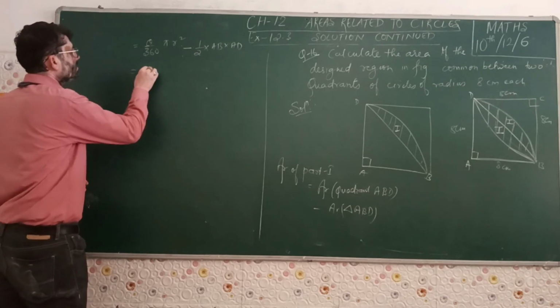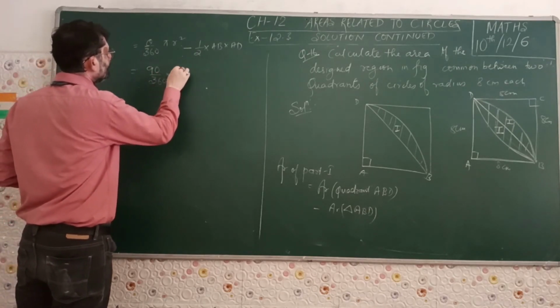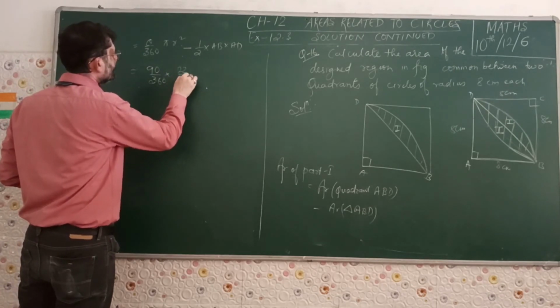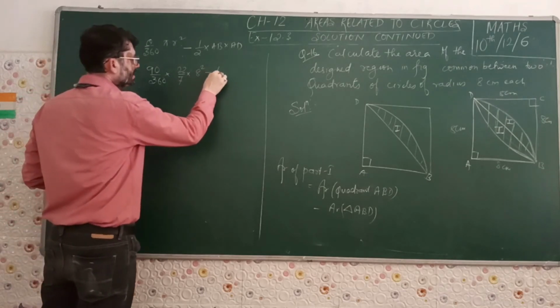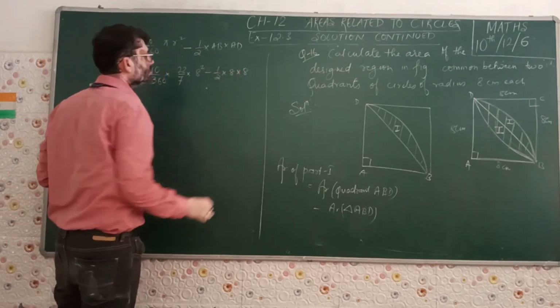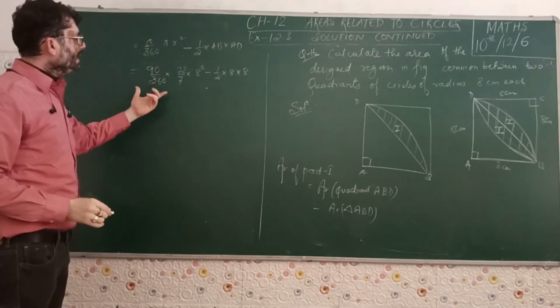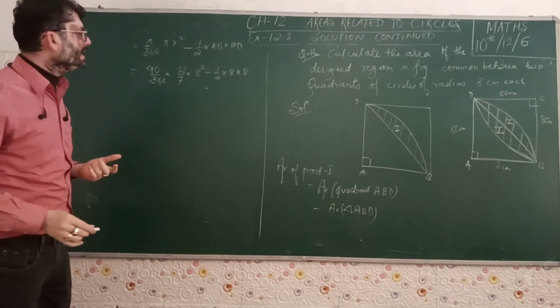So let us substitute the value. This is 90 by 360 into the value of pi, 22 by 7, and radius is 8 square. Minus half into base, which is 8, and height is also 8. Solving and simplifying, we will get the area of part 1, the shaded region.